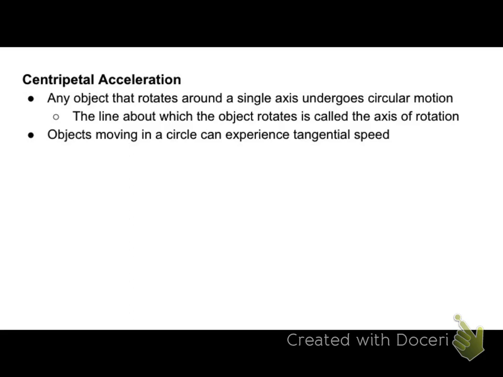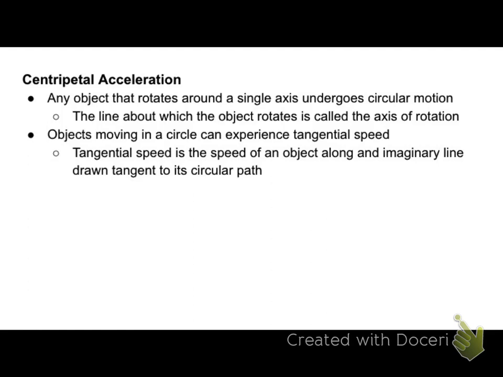That's what we're talking about here, because tangential speed is the speed of an object along an imaginary line that is drawn tangent to the circular path. So if you cut the rope and the rock goes flying off in a straight line, that would be the imaginary line we're talking about when we're talking about tangential speed.